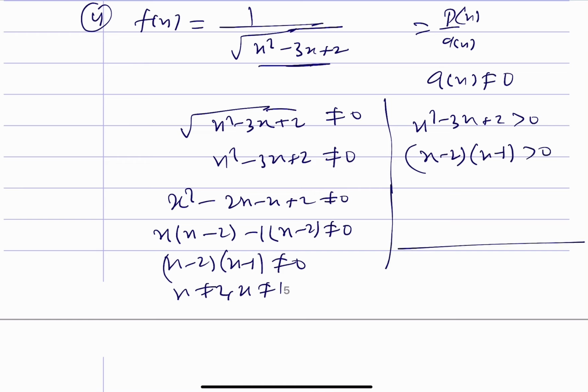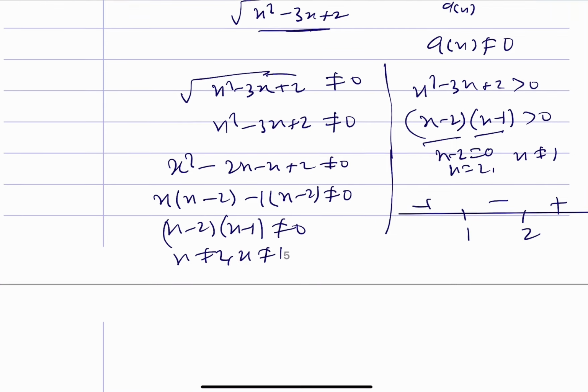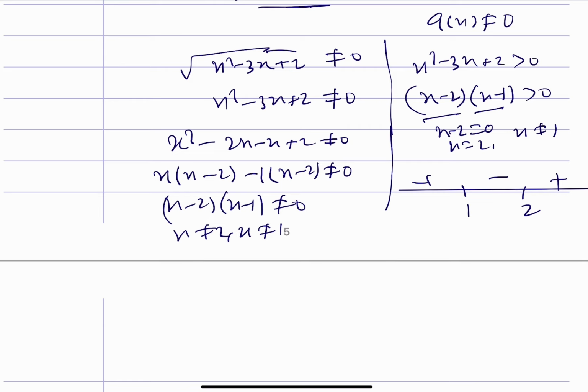Draw a number line. Equate x minus 2 equal to 0 and x minus 1 equal to 0, so x equal to 2 and x equal to 1. Here 1 and 2. The expression is positive, negative, positive, and we have to take the positive values. So all numbers less than 1 and greater than 2 satisfy this condition.